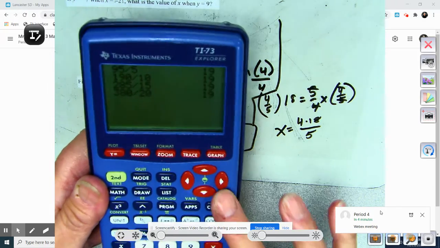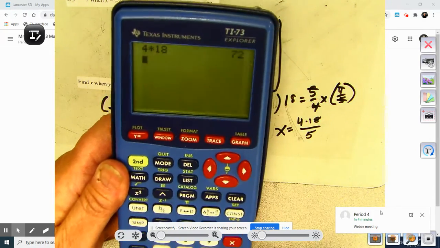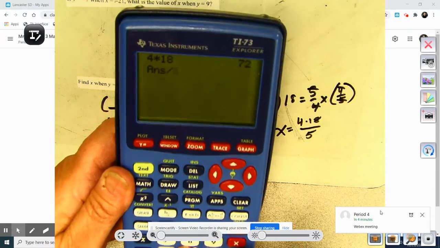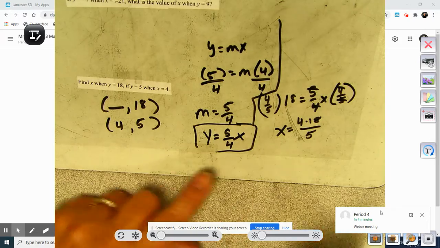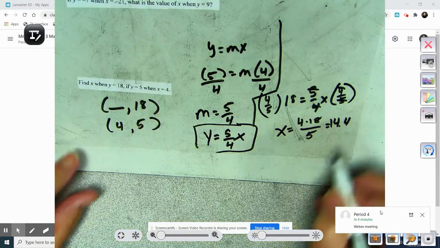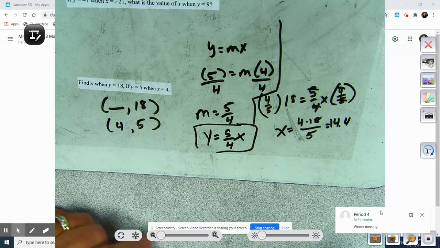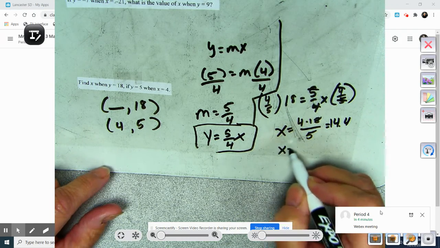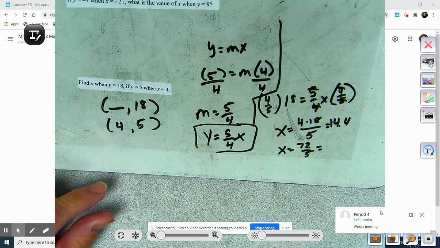So 4 times 18 divided by 5, and that's going to give you 14.4. You could get 4 times 18 is 72 over 5. 70 divided by 5 is 14.